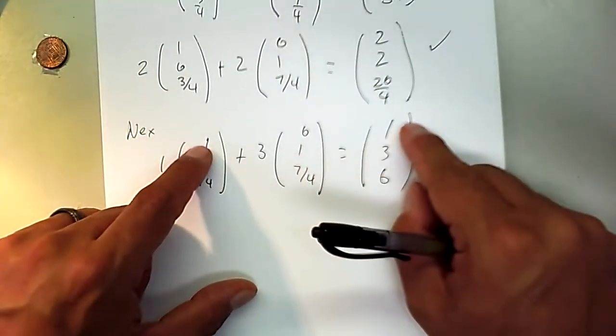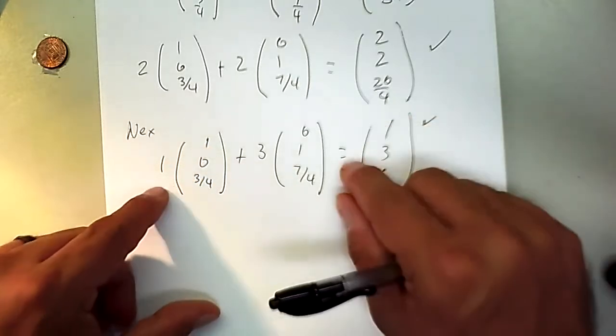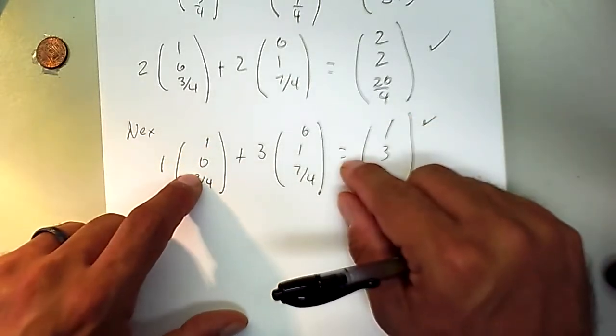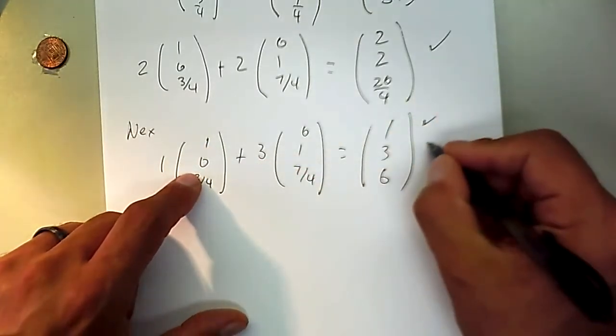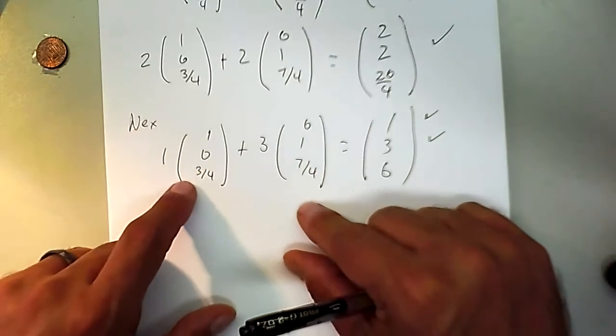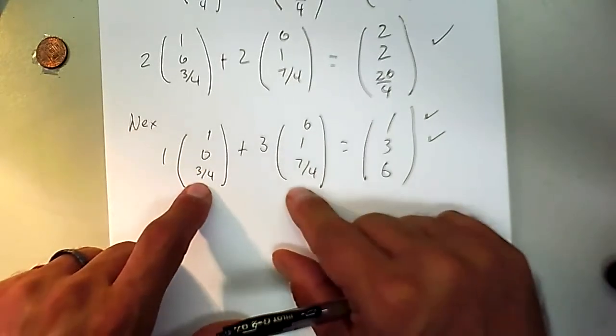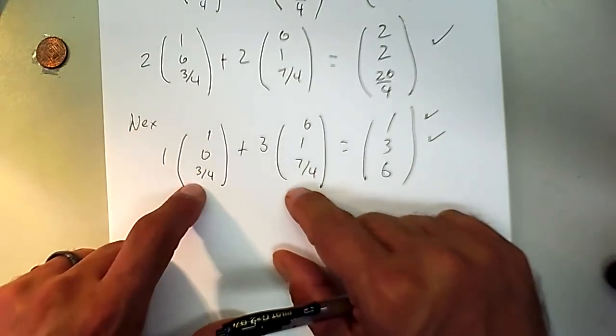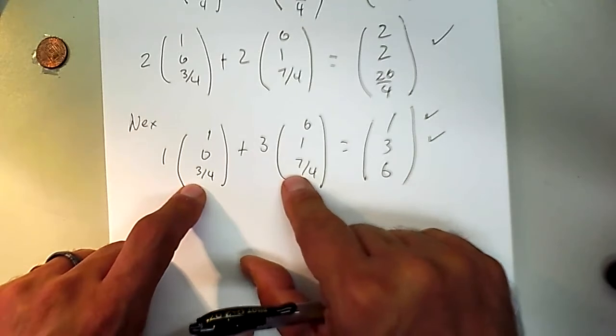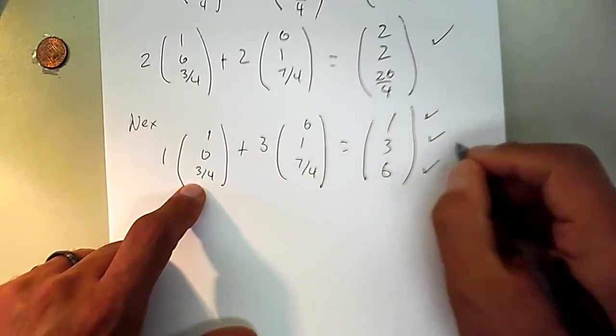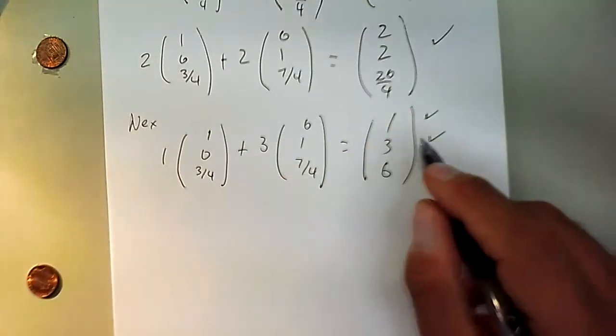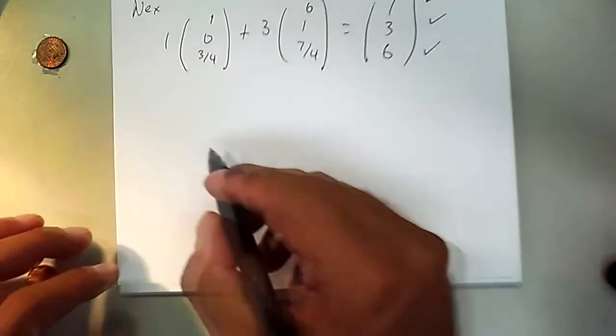Well, yeah, we get the 1. That works. 1 times 0 and 3. Yep, that works. And then this is the main one, or the one that is more crucial. 3 and 21 is 24/4, 6. Yep. All right. So this is what's going on.